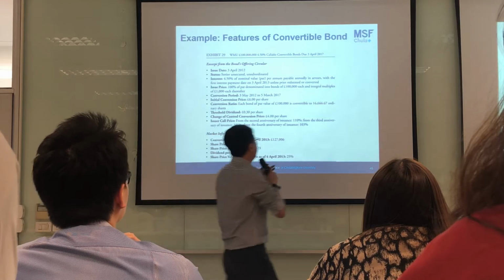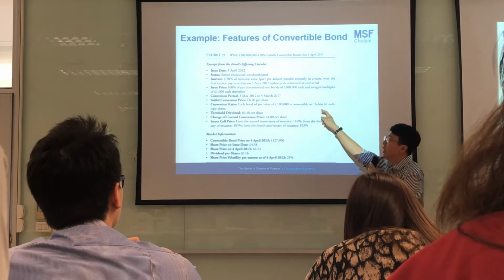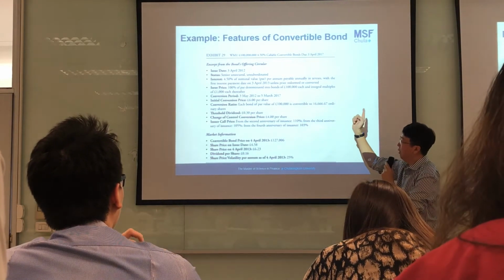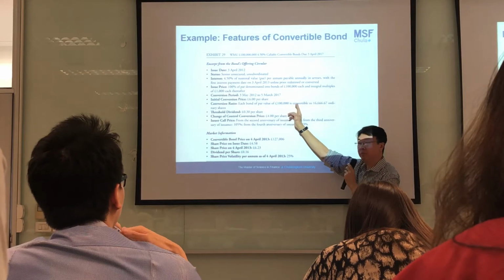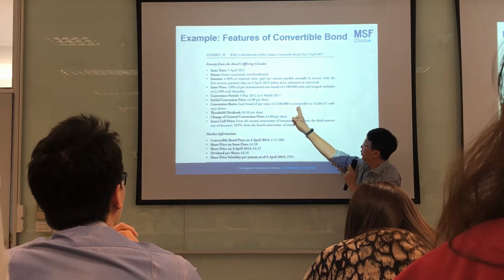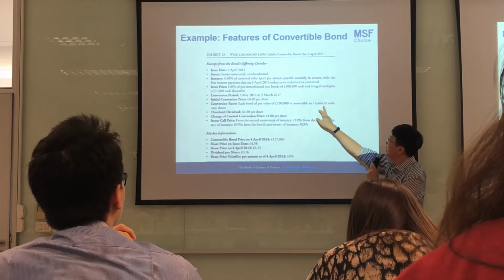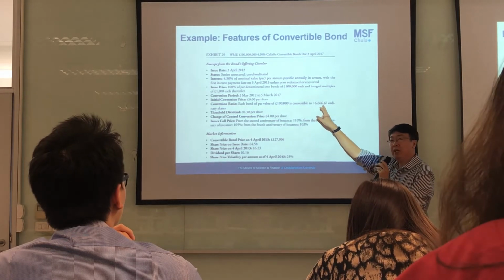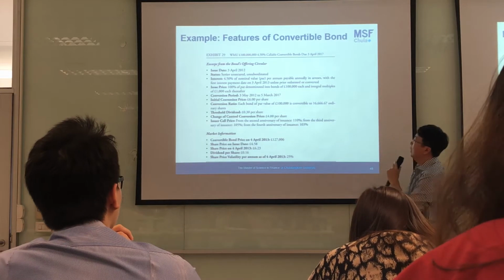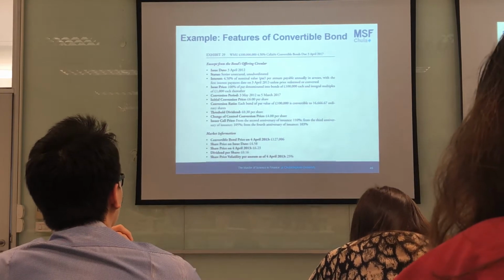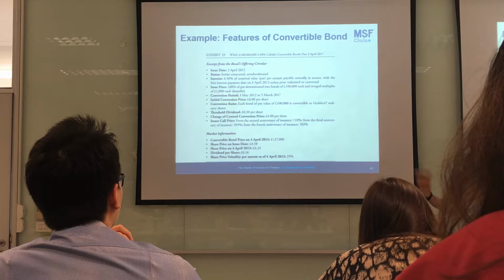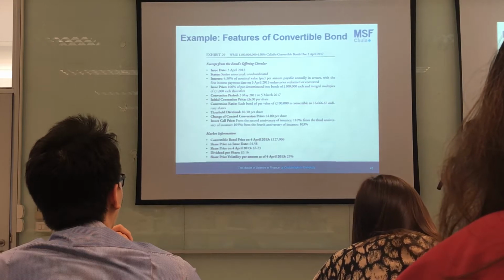You get the number of shares equal to this, per 1 unit or per 1 par value of 100,000. For the par of the convertible bond with the conversion price £6, this is the number of shares that you will receive if you convert from the convertible bond into the stock.